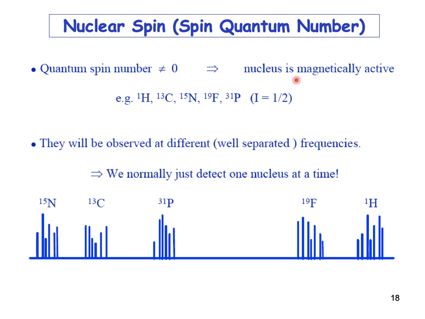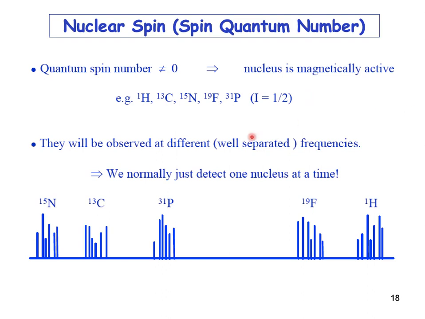This is only possible in the case of H1, which is the proton, carbon 13, N15, F19, P31. I is equal to half. Their spin quantum number is not equal to 0. They are good for NMR and can be observed through NMR spectroscopy.